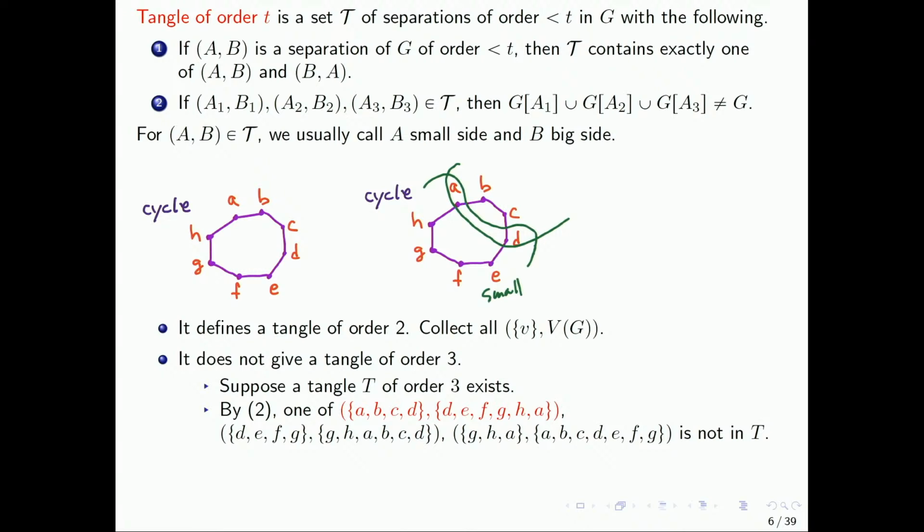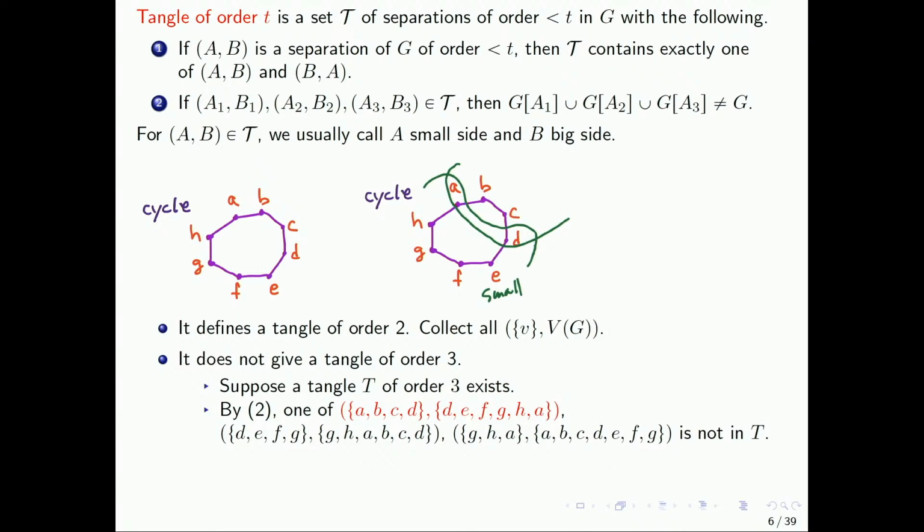So let's say A, B, C, D, and D, E, F, G, and G, H, A. Then because the second condition does not hold, one of the three parts is not in the tangle. So let's assume that the first blue separation is not in the tangle. Then by the first condition, the opposite of this separation should be in the tangle, right? Because for every separation of order less than t, one of them should be in the tangle.